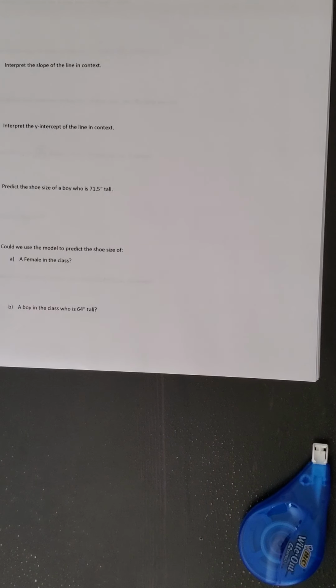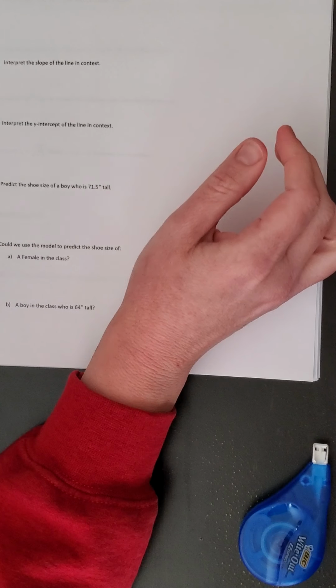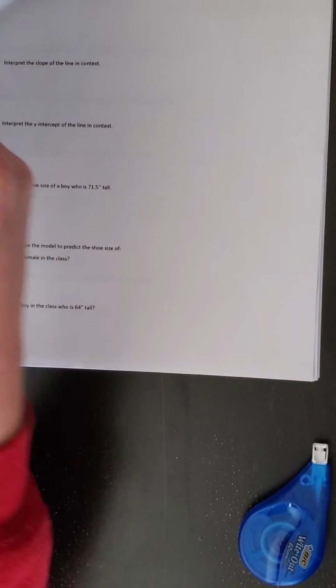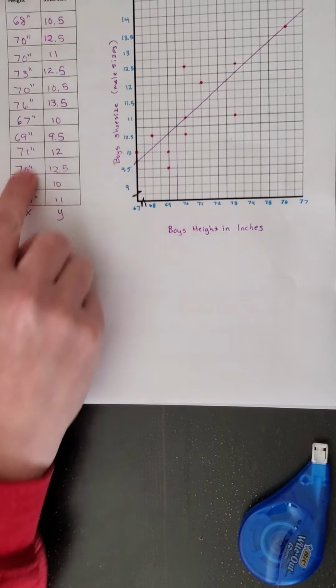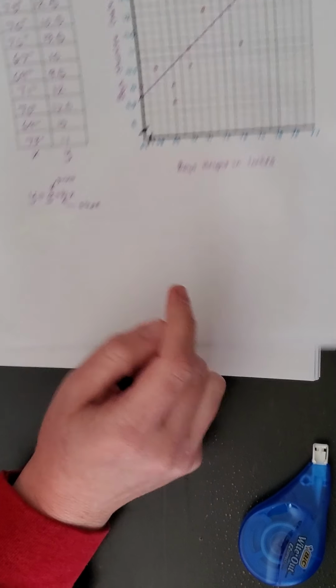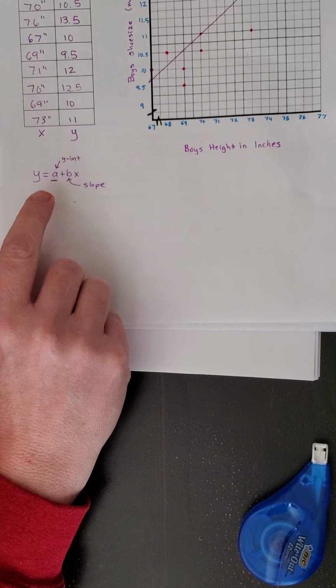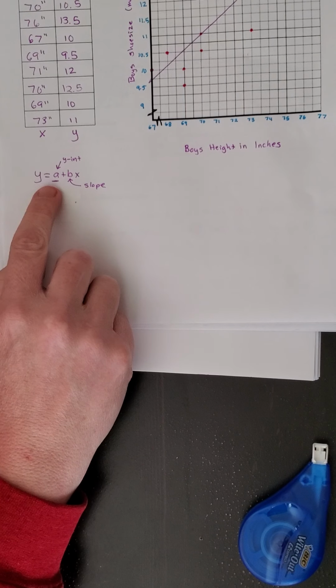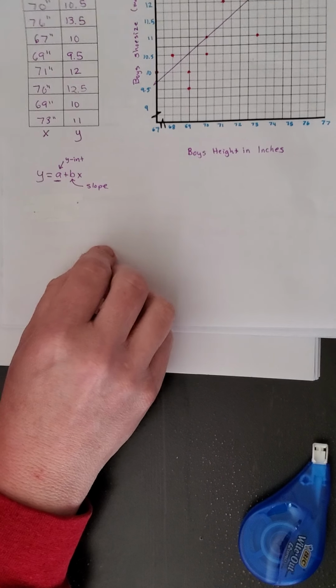All right, so the first thing I need to do is go back and look at my information from last chapter. We had this set of data, and we're going to be finding A and B by hand, and we'll also find them by technology.